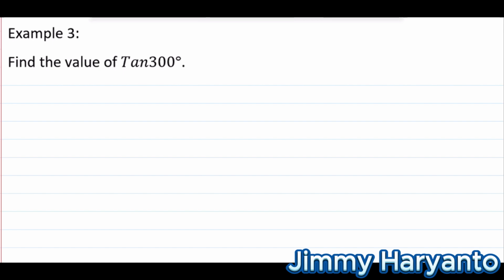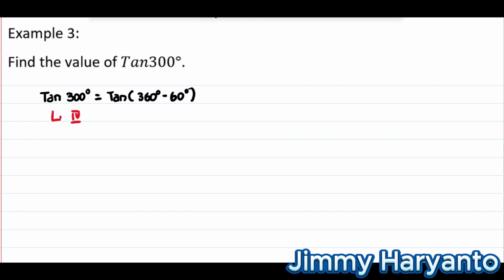Next is tan 300. For tan 300, we will use 360 degrees as the benchmark because 300 degrees lies in the fourth quadrant. That means the nearest benchmark is 360 degrees. So I will write it as 360 degrees minus something equals 300. That means 60.